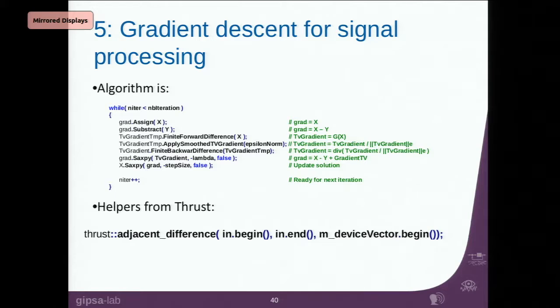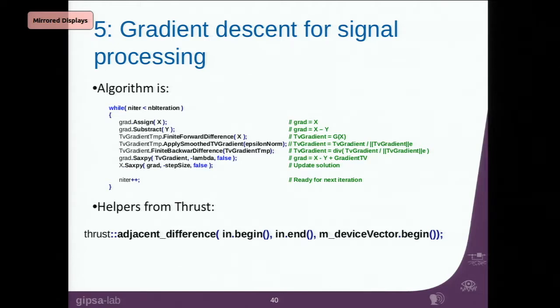So we implemented our optimization algorithm with kind of the same framework. And we implemented that not for 2D images, but, in order to keep the problem really simple, on 1D signals. I will show you the example just after. And we were even able to compute the gradient in 1 dimension using this nice function from Thrust, adjacent difference.